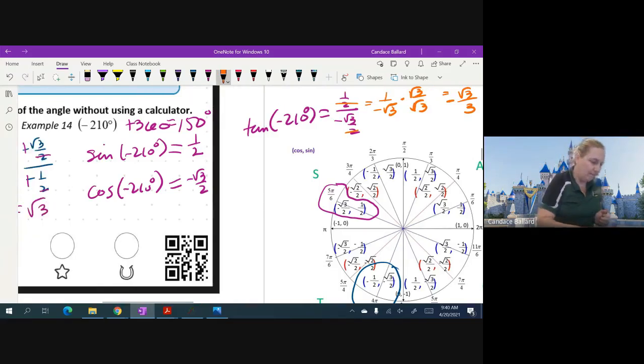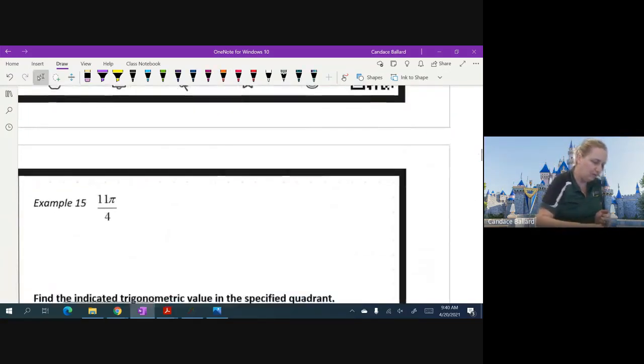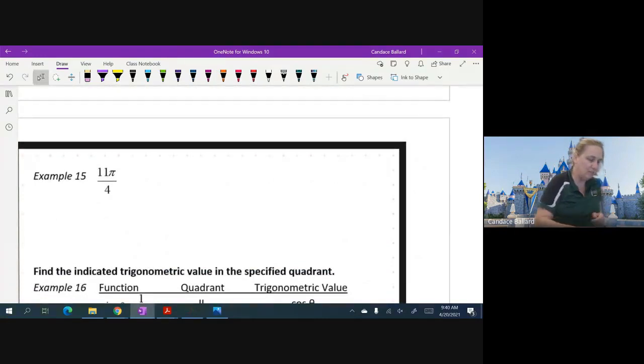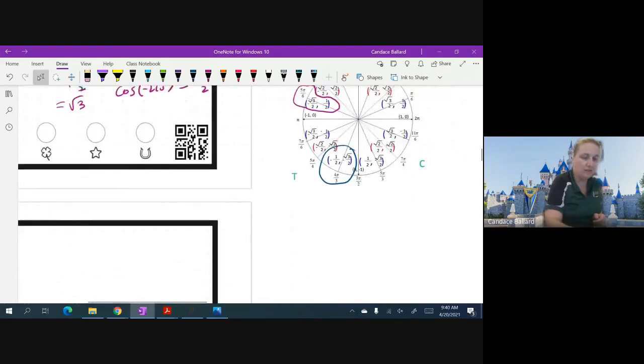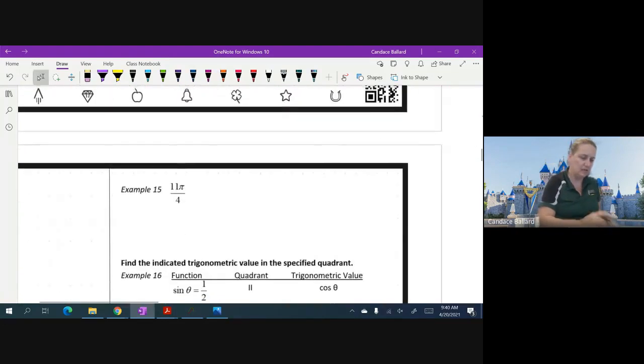All right. Let's take a look at 15. Okay, so 15 is 11 pi over 4, which I don't believe I have. I have 11 pi over 6, but I only have 7 pi over 4. So if I'm in radians and I need to get something coterminal, what do I have to add or subtract in radians to get something that's on my unit circle? In degrees, it's 360.